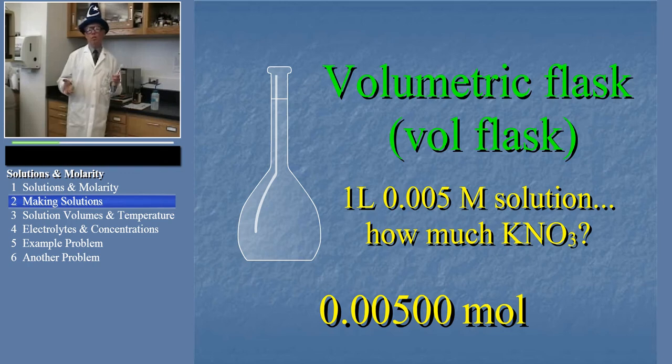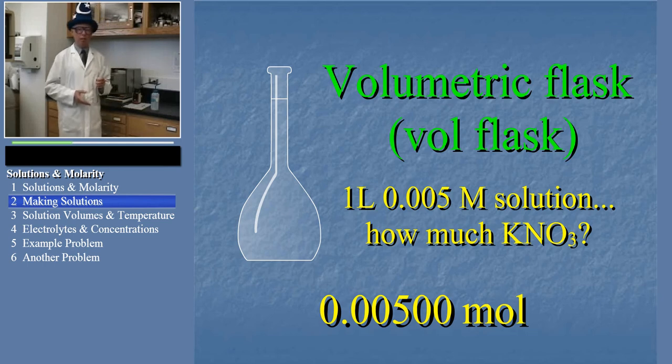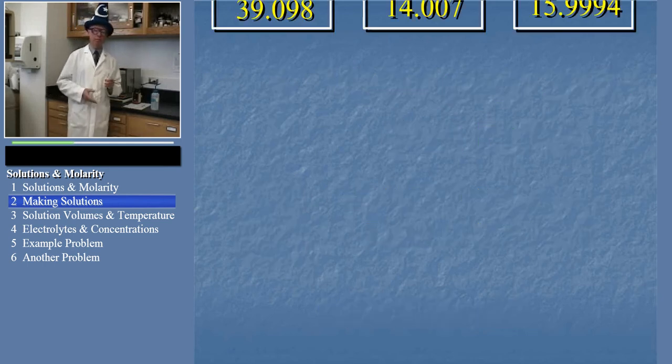And I can do this because I know the correspondence between numbers of atoms and weight. Specifically, the molecular weight, or more correctly, formula weight, of potassium nitrate tells me how much 1 mole of potassium nitrate weighs. And I get that molecular weight from the periodic table.